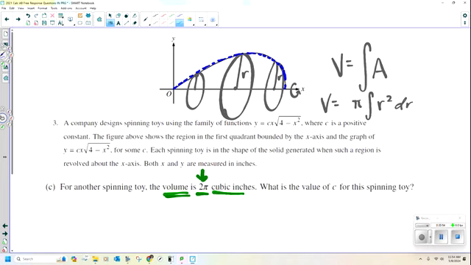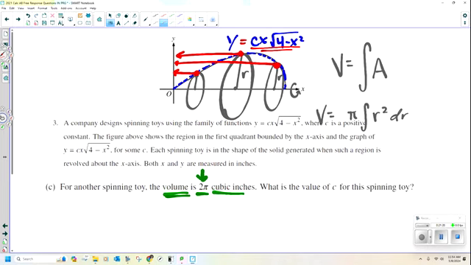The radius is going to be c x times the square root of 4 minus x squared. That's my y value, right? The radius here is whatever the y value is. And what's y? My equation. So I'm going to set this up.